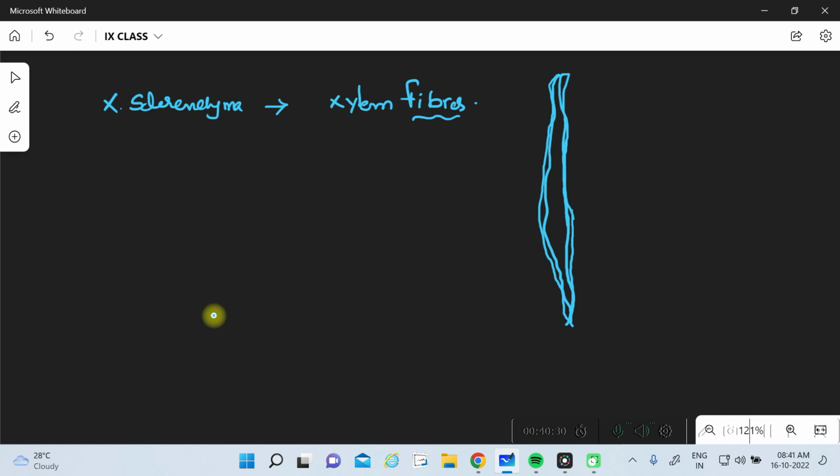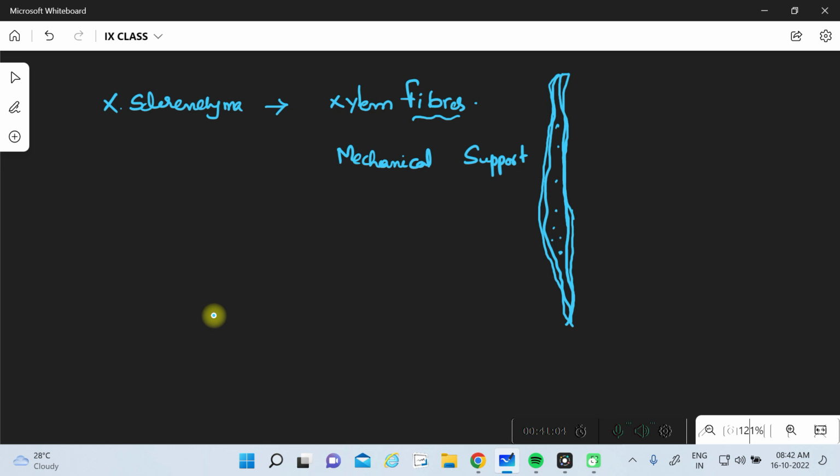Here the lumen is narrow and the ends are tapered. It also has small pits. Pits are present even in the walls of the xylem fibers. The main function of the xylem fibers is to provide mechanical support to the tissue.